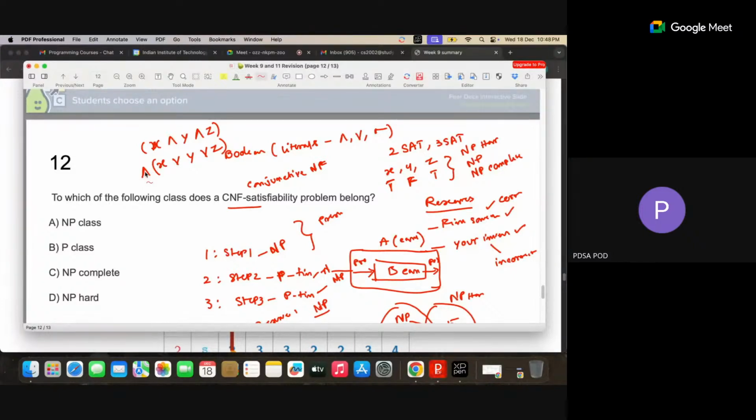Now, forget about SAT; I want to tell you the background work. But for CNF satisfiability problems, what kind of classification are they: NP class, P class, NP-complete, or NP-hard? What kind of problem category?